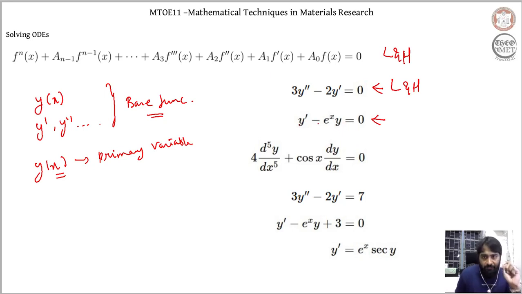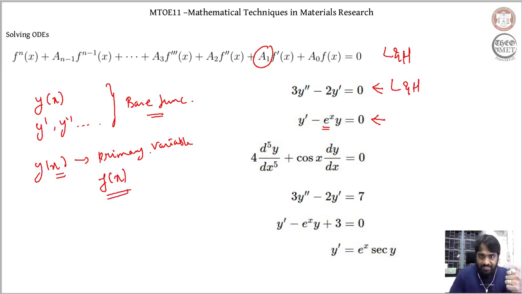However, one key difference is that, as opposed to a constant coefficient, I have a coefficient that is a function of my primary variable. My base function y remains undisturbed, but the coefficient, instead of being a constant, takes the form of a function of my primary variable.